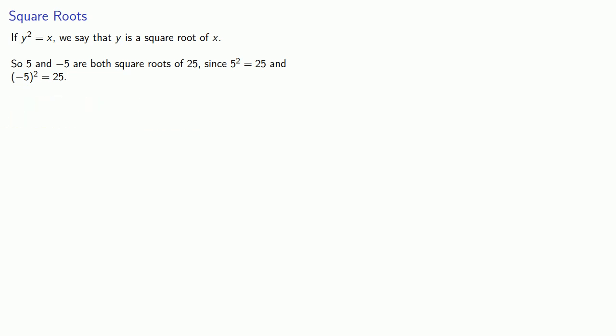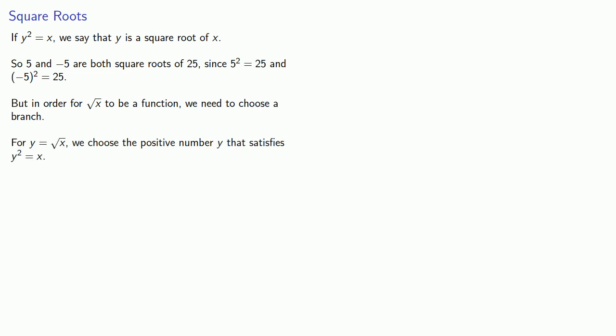But in order for square root of x, this algebraic symbol, to be a function, we need to choose a branch. Which of these square roots is this thing, square root of x, going to give us? And so for y equals square root of x, we choose the positive number that satisfies y squared equals x. And so if I write square root of 25, this can only be equal to 5.